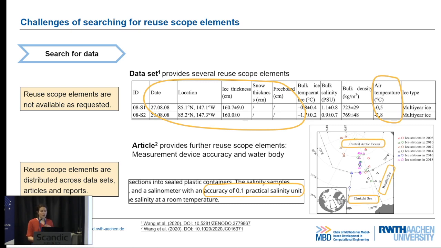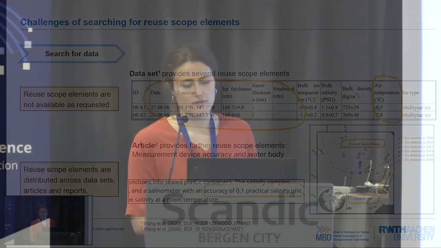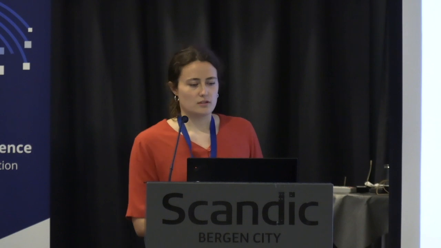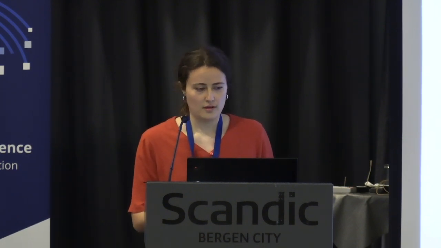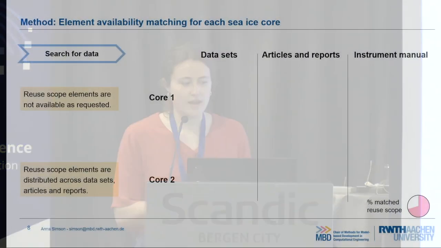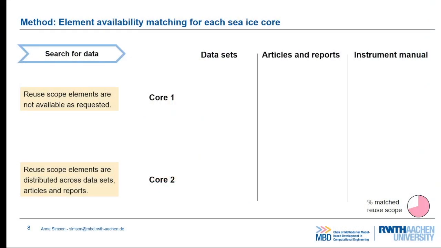For example, the data that are associated with one sea ice core are distributed across data sets. And then I could also look into articles where I found, for example, the accuracy of the salinity measurement, which was not available in a data set, or the names of the water bodies. This kind of matching that I did for each of the cores, I call it element availability matching.